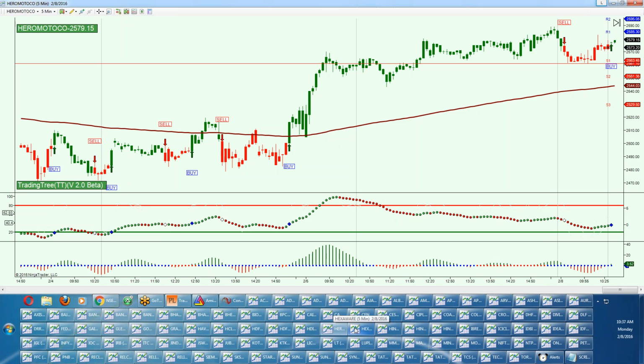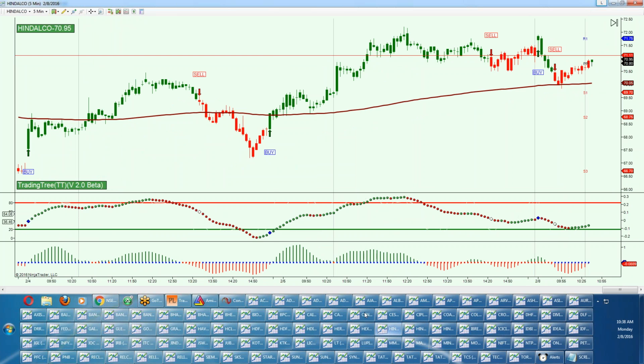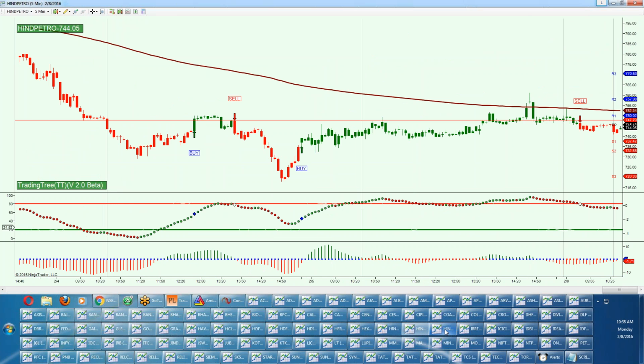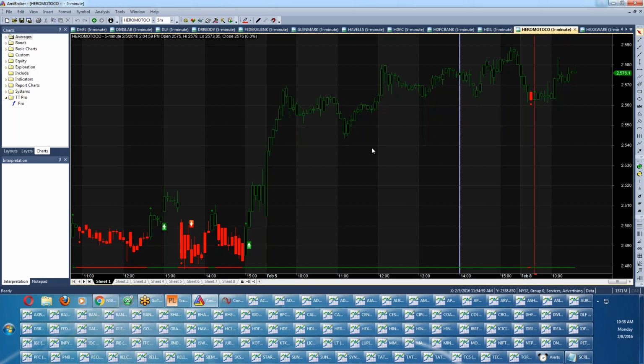Hero Motoco, you can see that alert here, the buy alert.